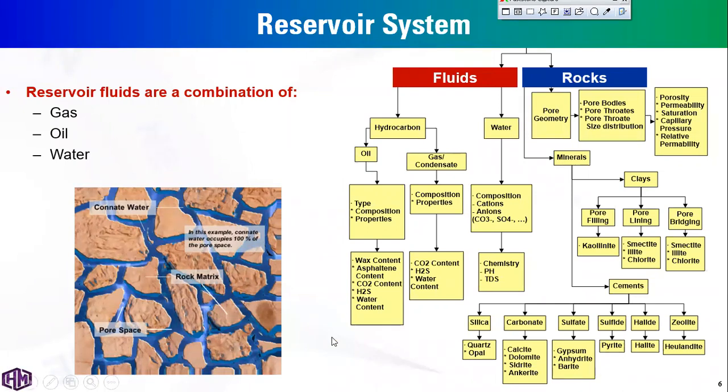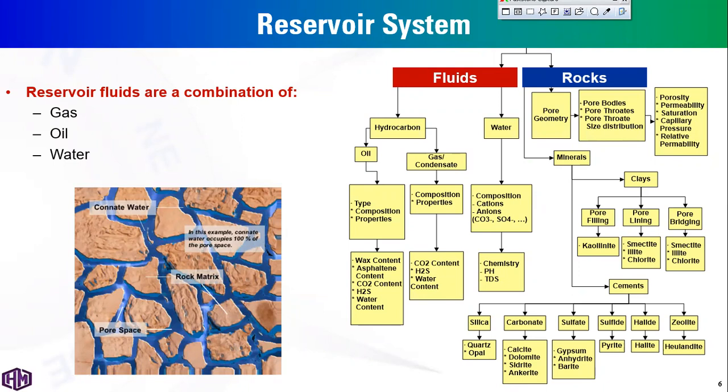Additionally, different flow assurance parameters are critical to study the reservoir fluids, like wax content, asphaltene precipitation, and the H2S content and its effect on the pipeline or tubular design, and so on.